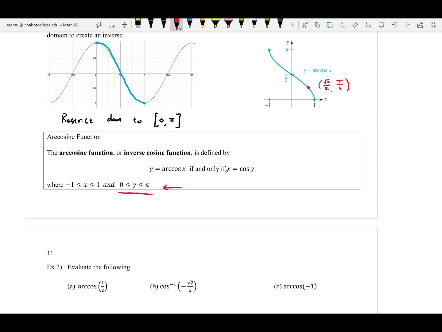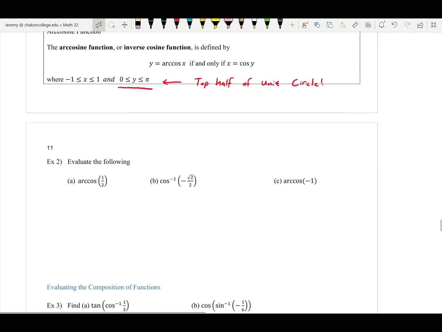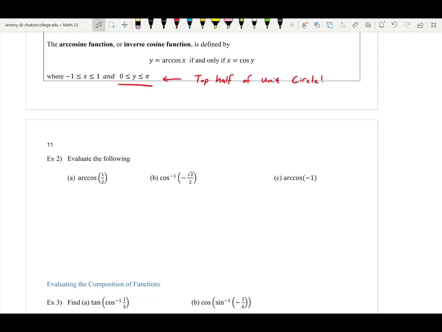This is actually the top half. Okay, so when we go to solve trig equations or evaluate inverse cosine functions, we're going to be looking at the top half of the unit circle.